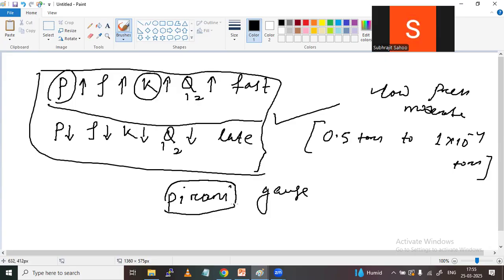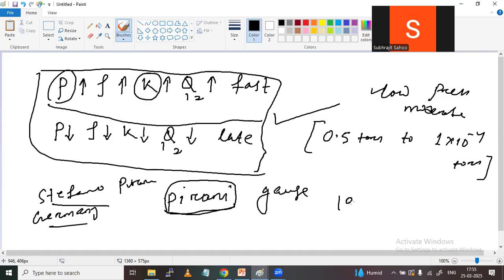The name is based on the person named Stefan Pirani, a German physicist who discovered the Pirani gauge concept based on thermal conductivity in the year 1906. So we are going to discuss the Pirani gauge, which works on the principle of thermal conductivity. I hope you can understand what thermal conductivity is here.